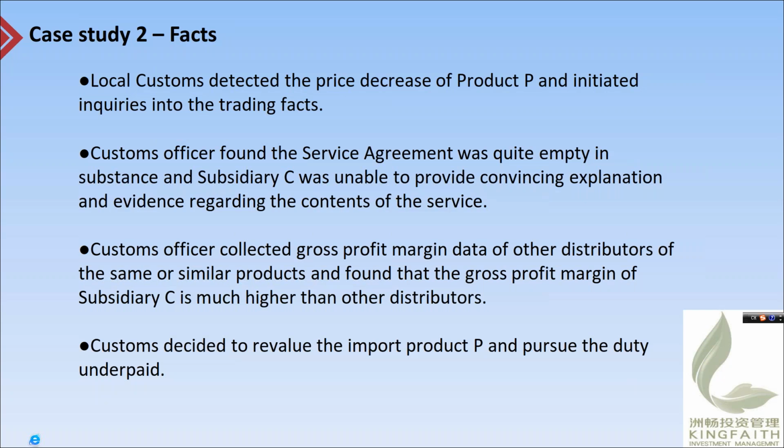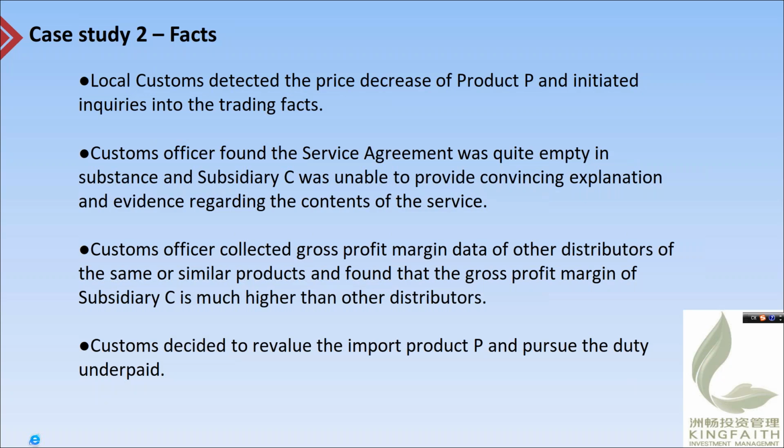Otherwise, consequences and punishments may follow. So that brings more compliance risks to multinationals. Besides, if the TP arrangement is challenged by customs, that means more uncertainties in their TP arrangement and more financial implications and burdens for the MNEs. So these are the few things that I would like to stress in case study 2.